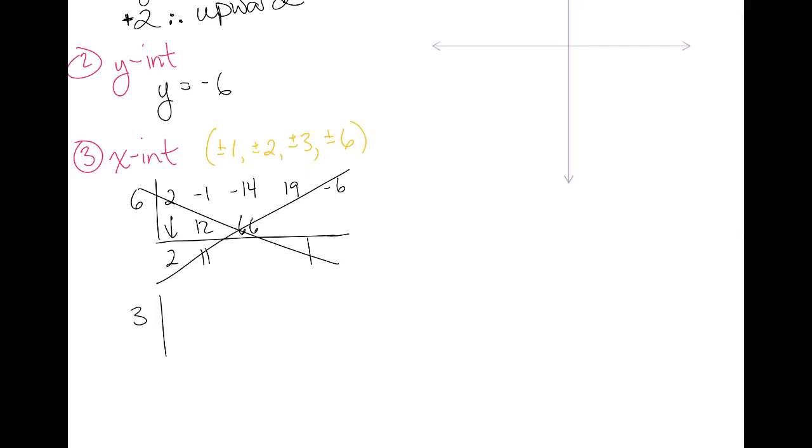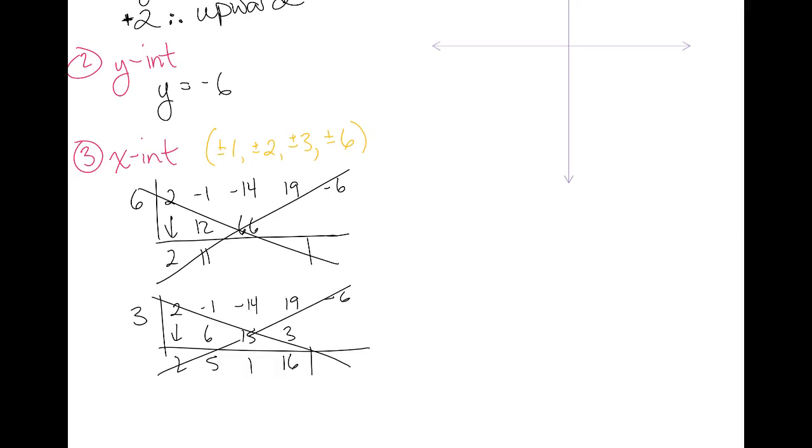So maybe try positive 3. 2, minus 1. Carry the 2 down. 6. 5. 15. 1. 3. 16. Okay, that one is closer.